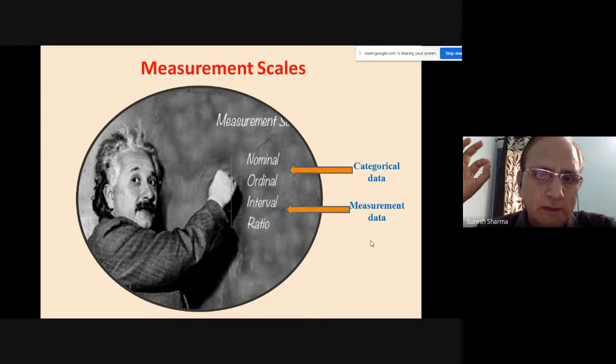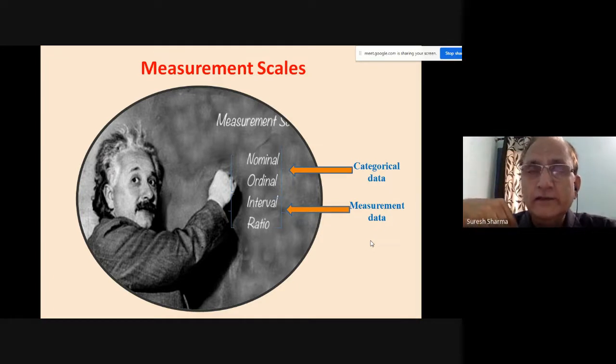Now, let's move on to ordinal scale. It's again for categorical data, remember? But the difference between nominal and ordinal is that in case of ordinal scale, the categories can be arranged in order from the lowest to the highest, or from the highest to the lowest. For example, socioeconomic class. Say lower class has 1, middle class has 2, upper class has 3. So these categories can be arranged in order from the lowest to the highest. 1 means the lower income group, 3 means the higher income group.